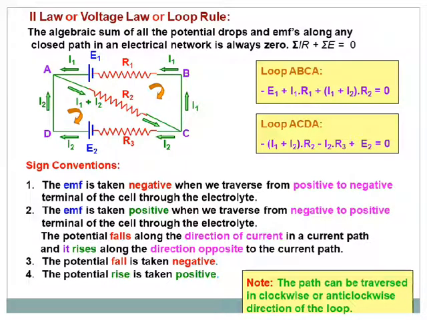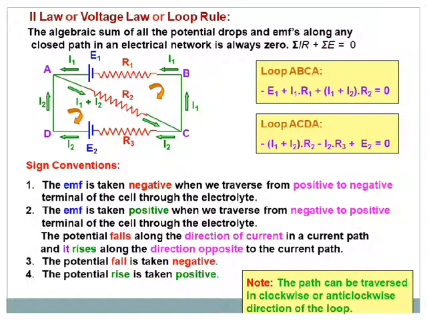Now from C to D, current again is along with the tracing path, so that must be minus I2 into R3. Now for EMF, we are tracing the path from C to D and EMF is transferring from the negative terminal to the positive terminal, so it should be positive.